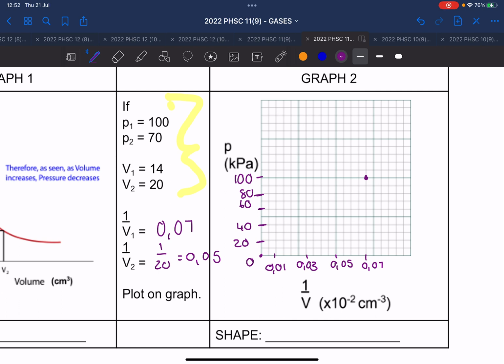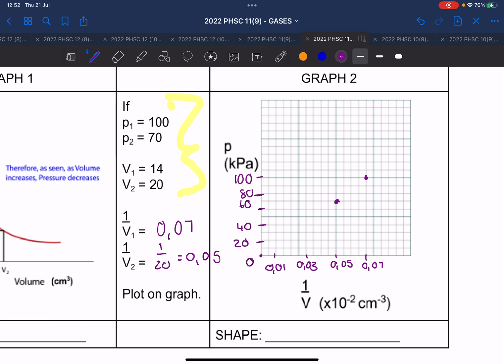So every block is 10, but there's not enough space to write every one. So 70 would be in between 60 and 80, and 0.05 is this one. So that's where we're going to put the point. Everyone understand?